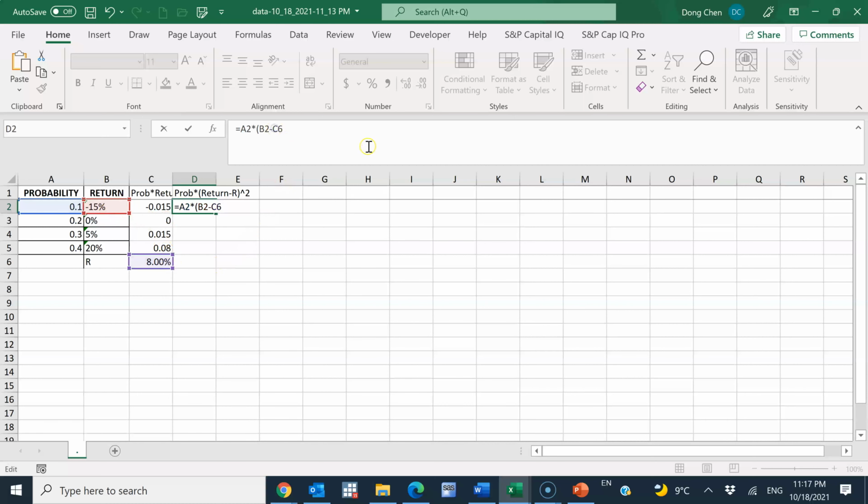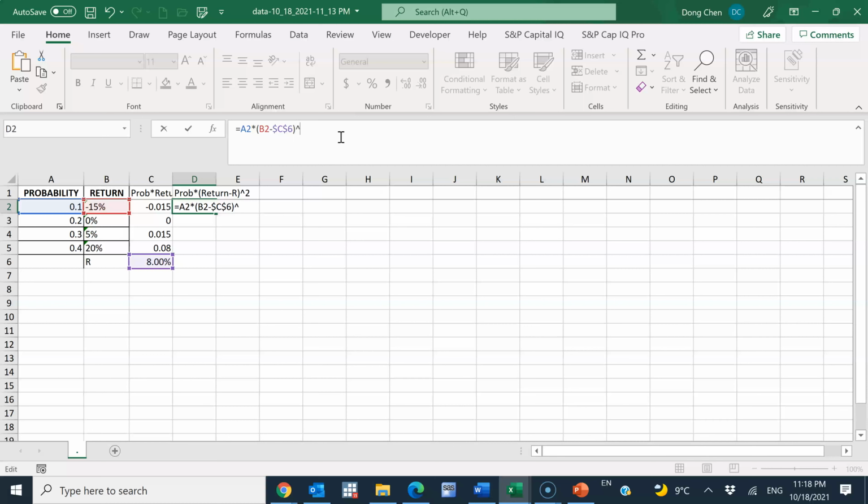But in writing this cell value for the expected return, I want to fix this cell value. Why do I want to do that? Because later on, when I drag the cell to the other economy states, I don't want this number to change. This is the common number across all the economy states. So that's why I want to fix this cell number, hence fixing the cell value.